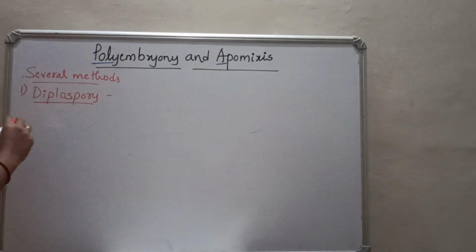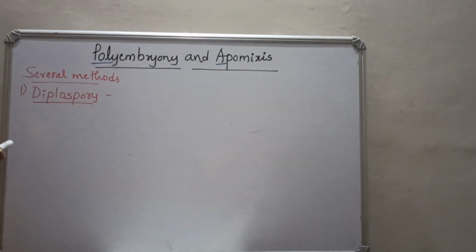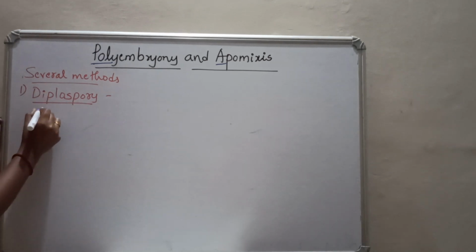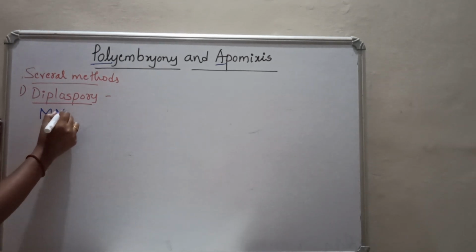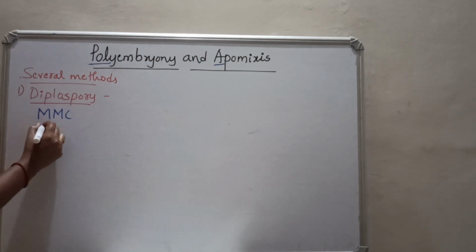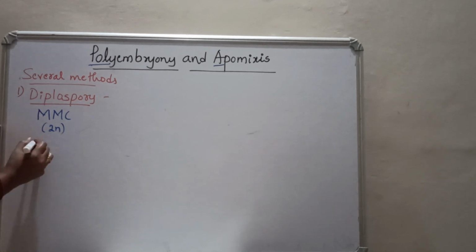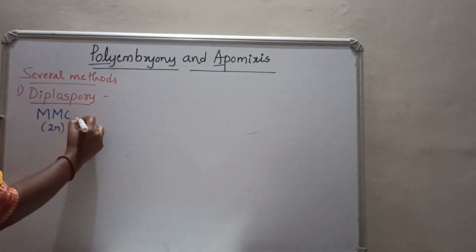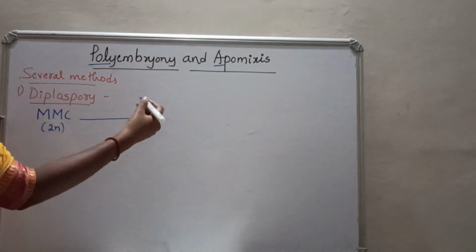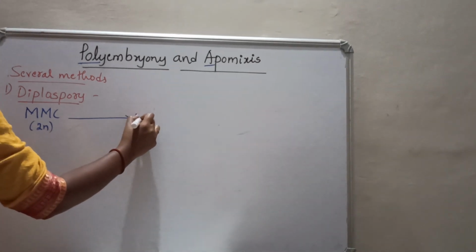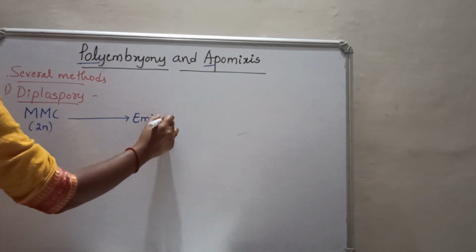What is diplospory? Here the megaspore mother cell, which is always diploid and present in an ovule, forms the embryo sac.